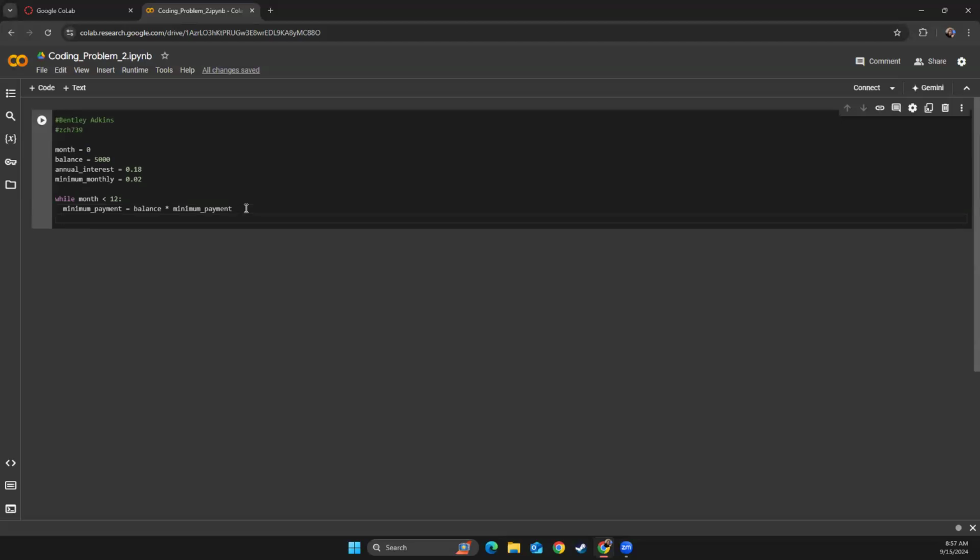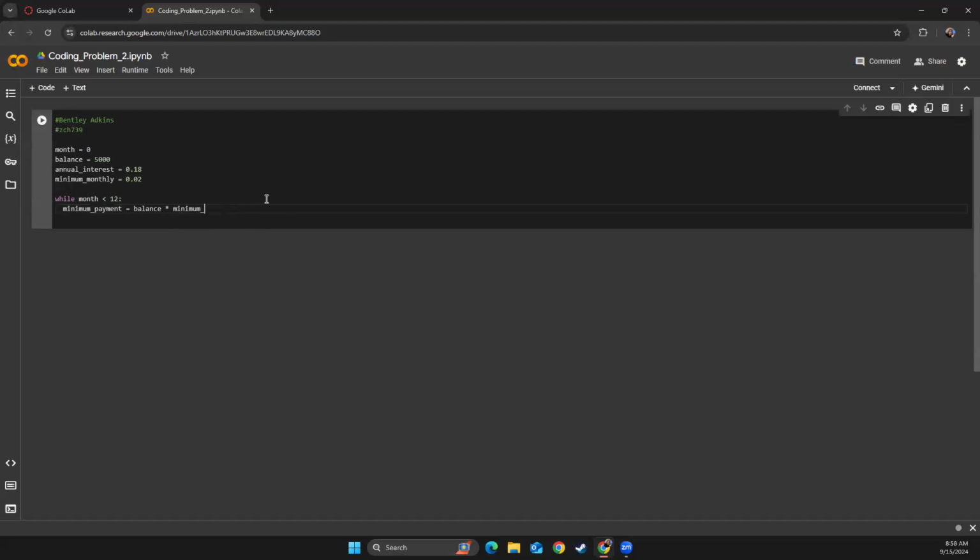And we also wanted to subtract the, so this gives us the rate itself. By taking the minimum payment, it's actually supposed to be minimum monthly.